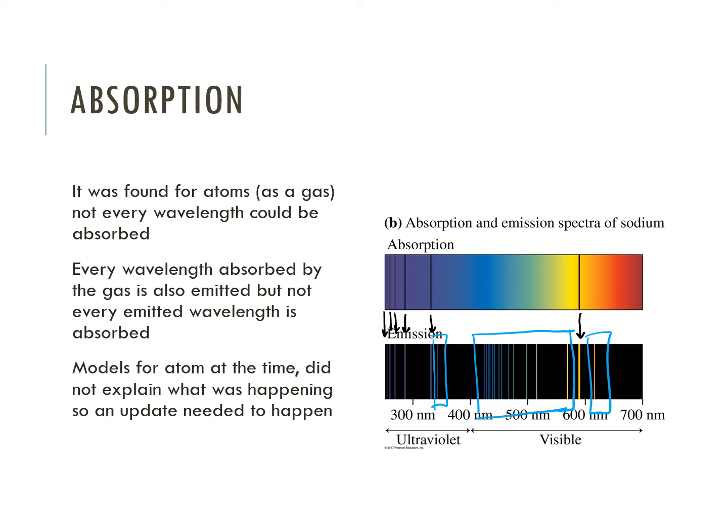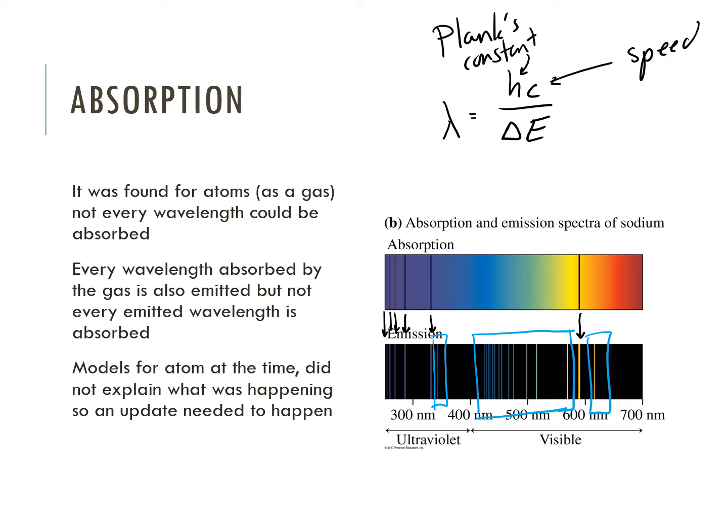If you go through and combine a couple of equations, you find that the wavelength is equal to hc over delta E, where h is something referred to as Planck's constant, c is the speed of light, and delta E is some change in energy.